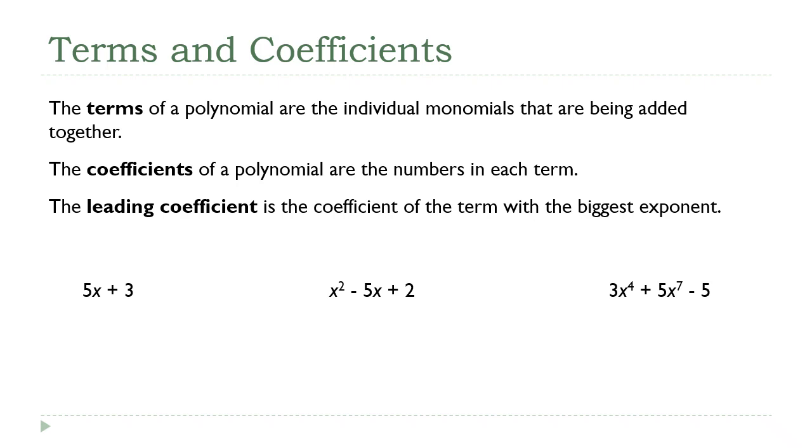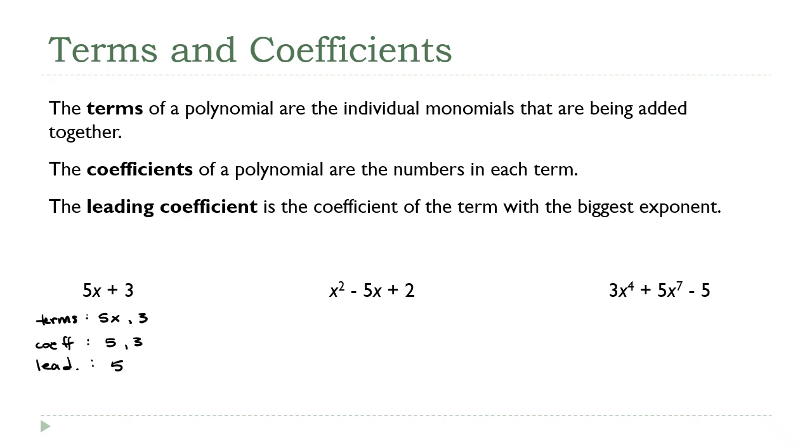So we've got some examples here, right, for us to look at. This first polynomial has two terms, right? There's the 5x and the 3. It has two coefficients, the 5 and the 3, and the leading coefficient is the 5. All right, so let's try this with the second one.